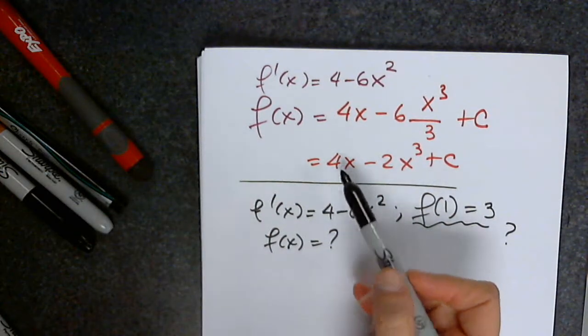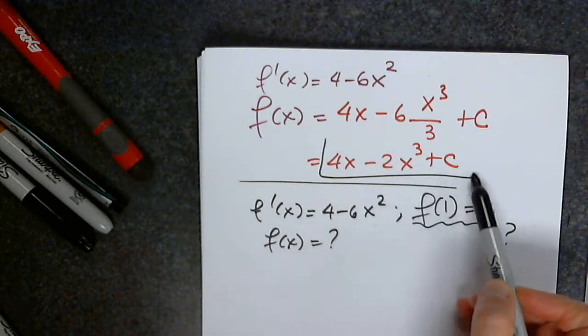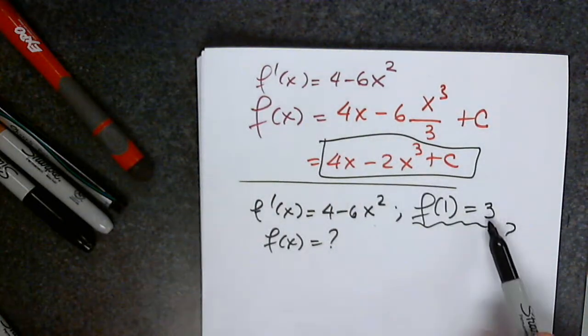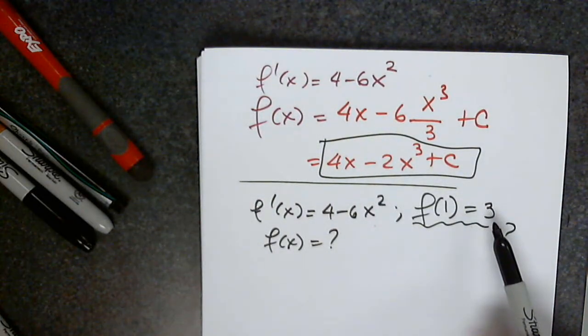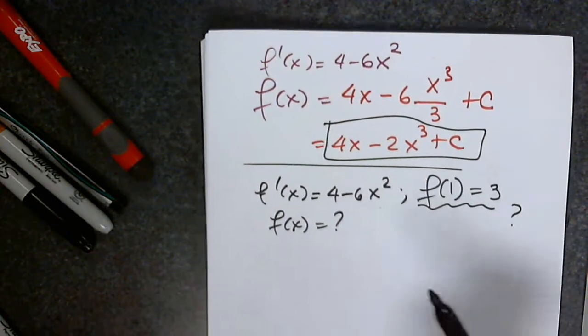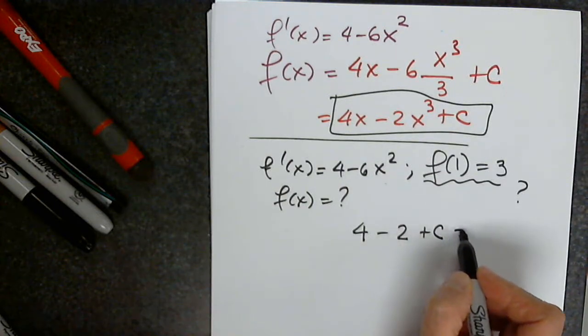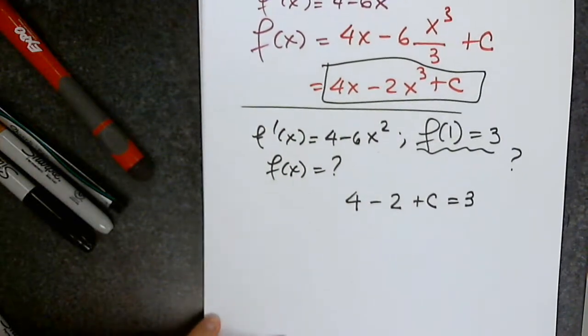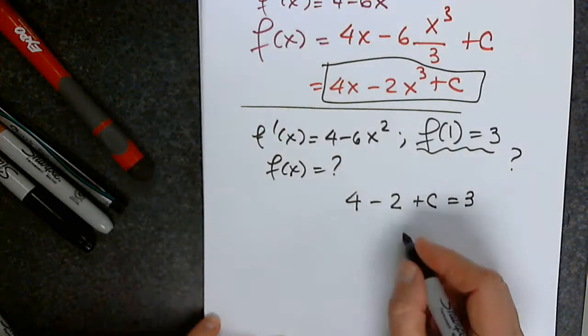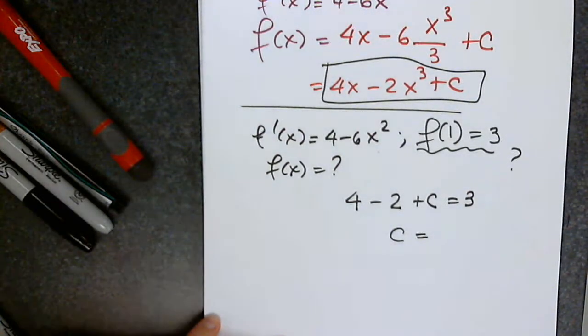So then all I have to do is set this equal to 3 when x equals 1. So then 4 minus 2 plus c equals 3. So therefore, how much is c?